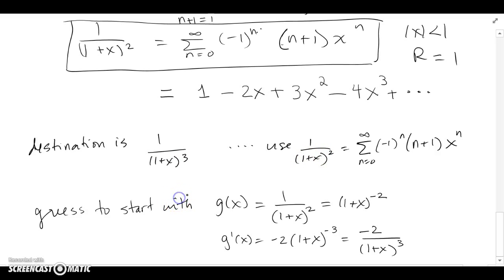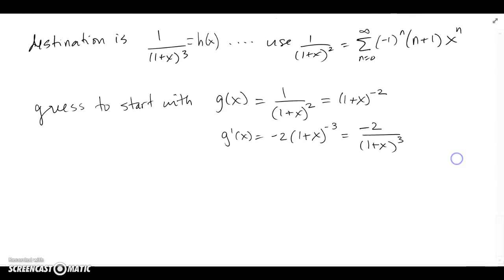So I'm trying to find the power series representation of the function h of x, and I'm using this. My guess was, okay, let me just start with that. I started with that, and when I differentiated it, I got this, which sort of looks like that, but it has this additional -2 that's bothering me. I don't want it there.